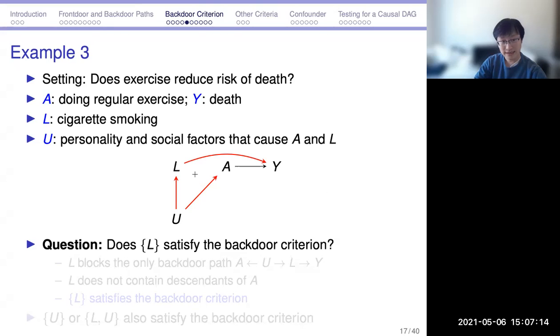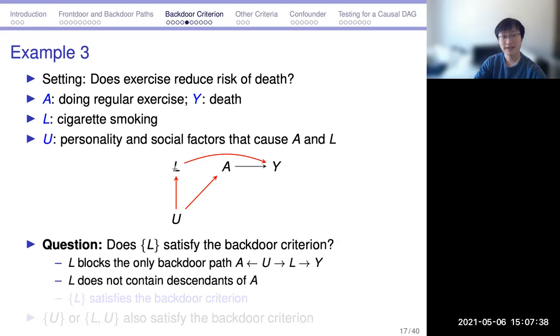So in this case, does L satisfy the backdoor criterion? Again, two parts of the backdoor criterion. First, does it block all backdoor paths? We have a single backdoor path over here, and L blocks it because this is a chain structure and L is in the middle.